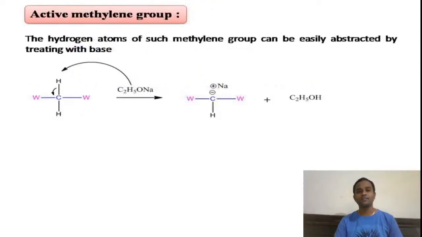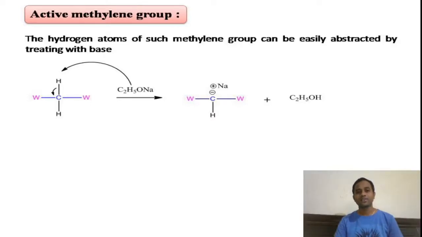These compounds, due to the presence of the two withdrawing groups on the active methylene carbon, have hydrogens on the active methylene carbon that usually become acidic. In the presence of a base, they easily lose H+ ions and exhibit acidity.